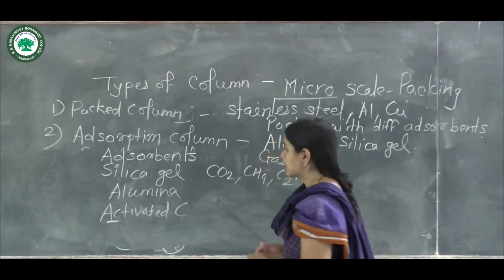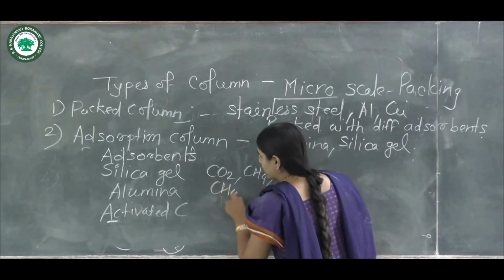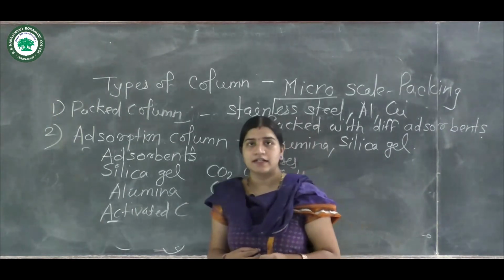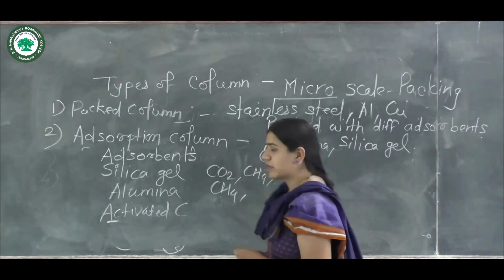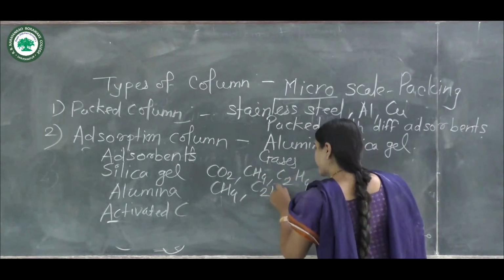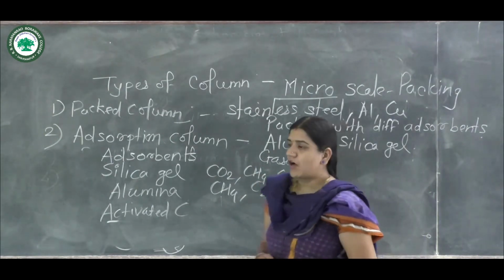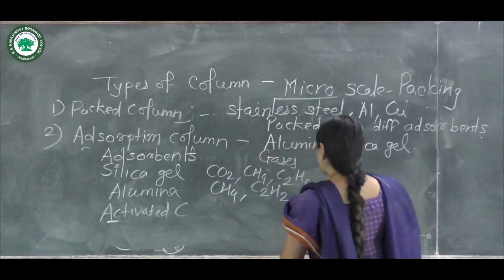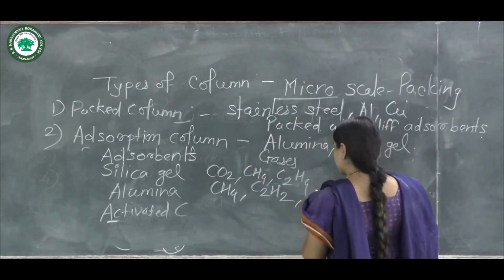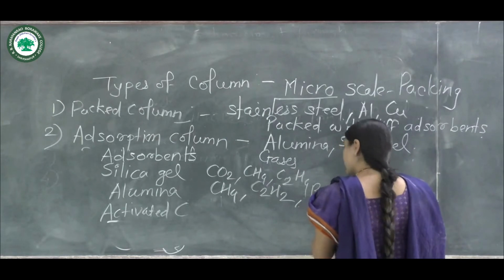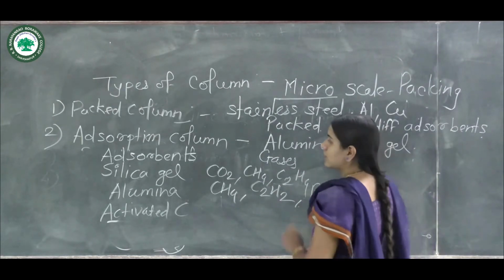Next is alumina, used for the analysis of methane, that is CH4, or C2H2, or benzene.